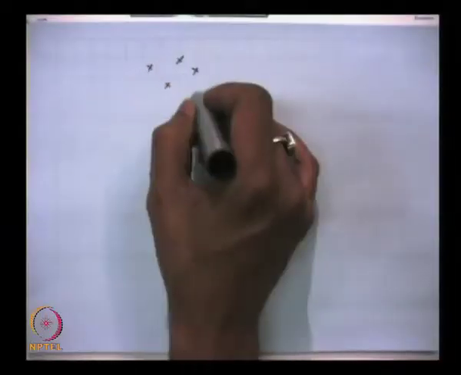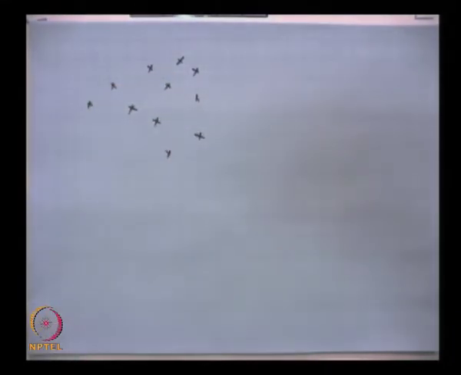And that application is that if I am given a set of points, well, not one set of points, let us say 2 sets of points, and let me use 2 different colors for that.